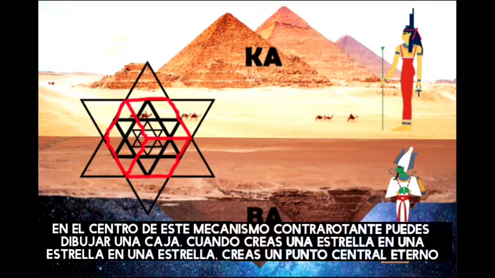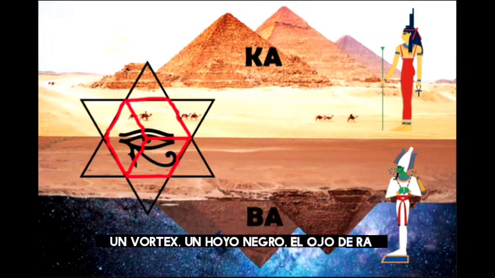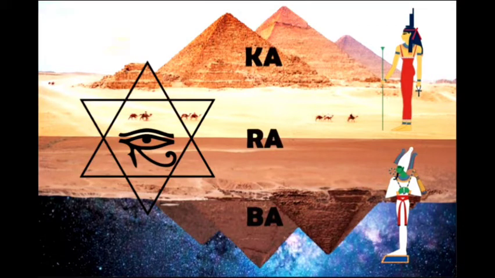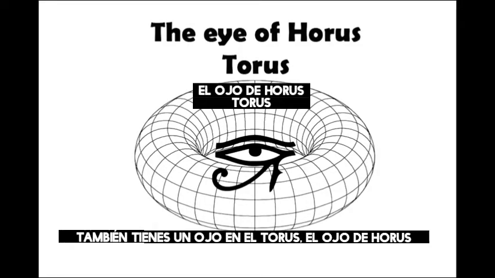When you create a star in a star in a star, you create an eternal center point, a vortex, a black hole, the Eye of Ra. You also have an eye in the torus, the Eye of Horus.